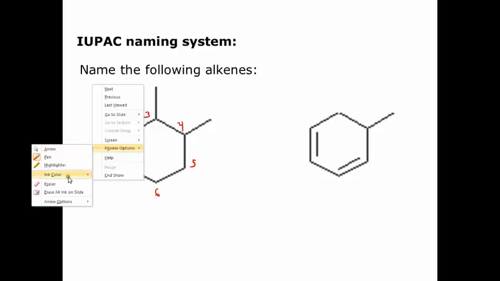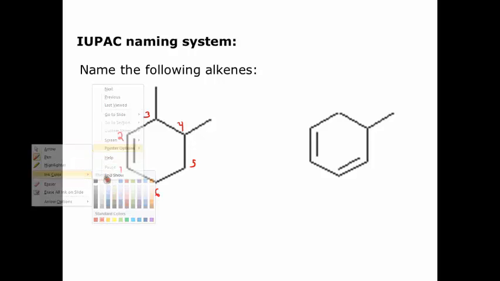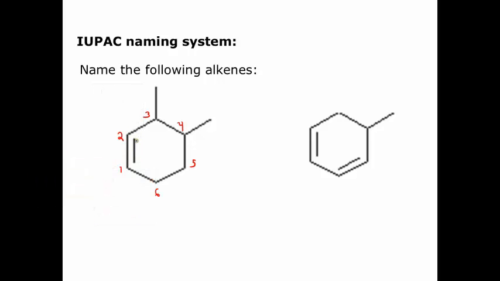Alternatively, I may want to consider numbering this counterclockwise, in which case the first two carbons again have to include the double bond. So this would be carbon 1, this would have to be carbon 2, 3, 4, 5, and 6. So in both numbering systems, the positioning of the double bond is identical, so the branching system will help me break the tie.